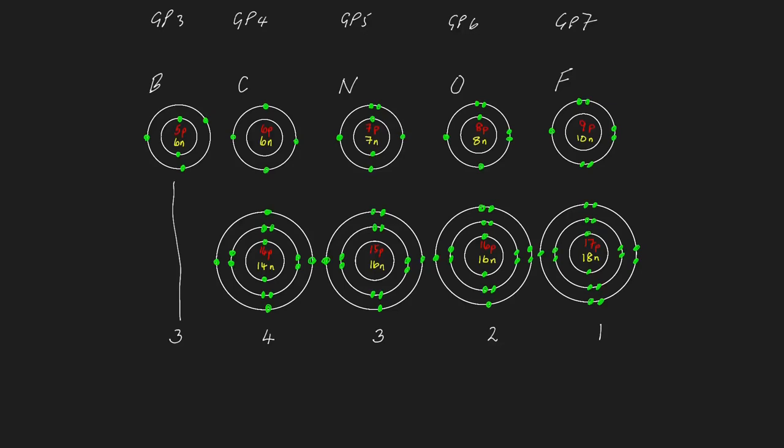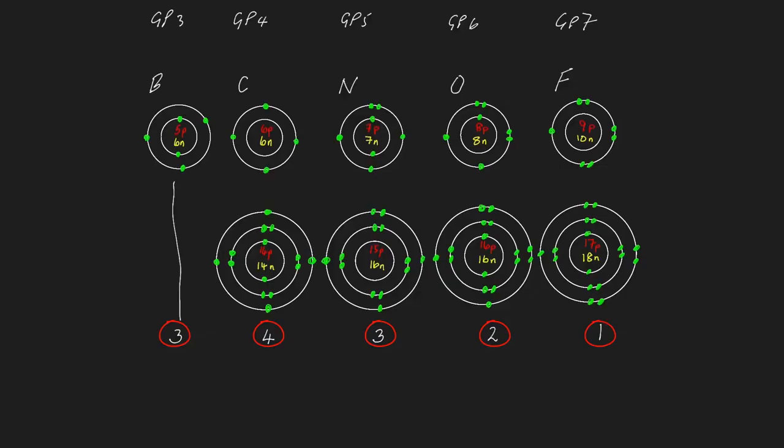Look, boron, 3 unpaired outer electrons, carbon, 4 unpaired outer electrons, nitrogen, 3 unpaired outer electrons, and a pair of electrons that we ignore. Oxygen has 2 unpaired electrons and 2 pairs of electrons that we ignore. And fluorine has 1 unpaired electron and it has 3 pairs that we ignore.